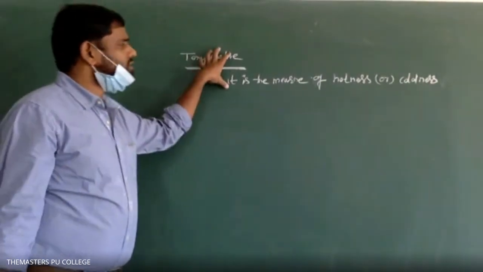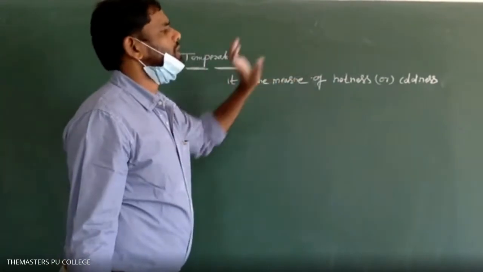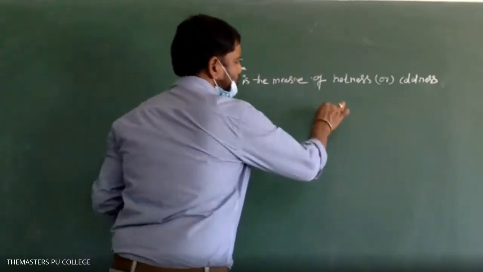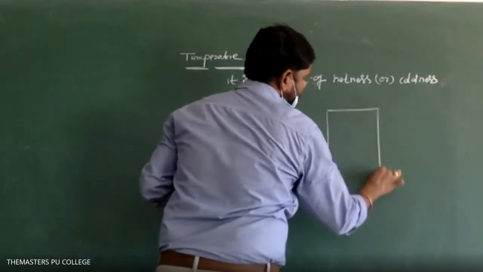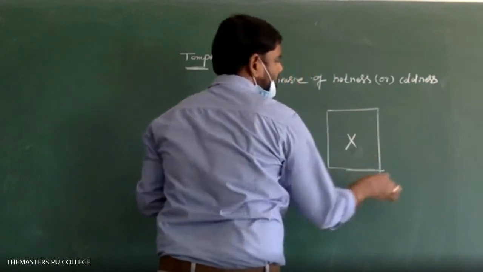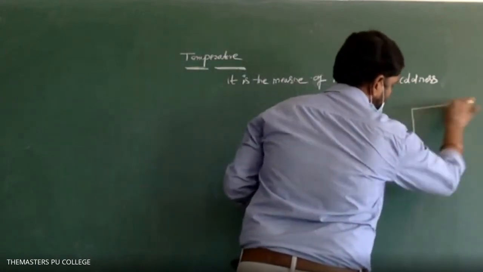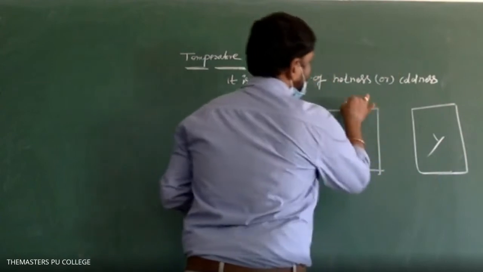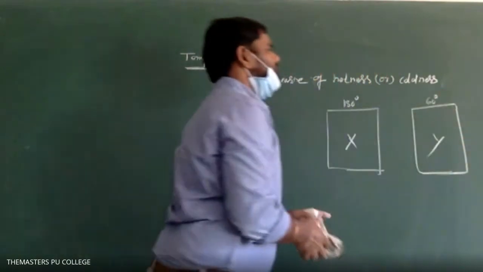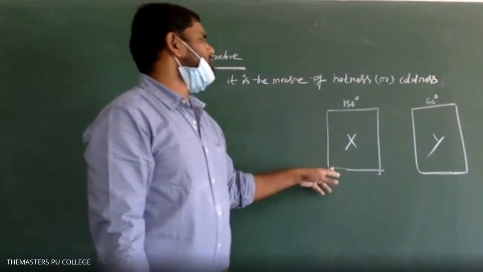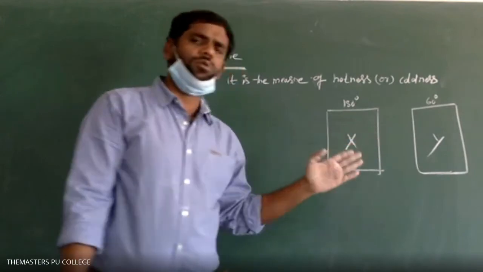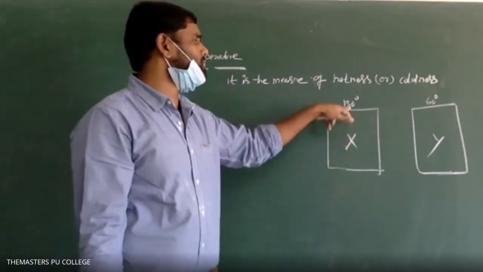Temperature is also the measure of heat transferring ability. For example, 2 identical bodies are there, body X and body Y. X is at 180 degrees centigrade and Y is at 60 degrees centigrade. Body X can transfer more heat in less time because its temperature is more.